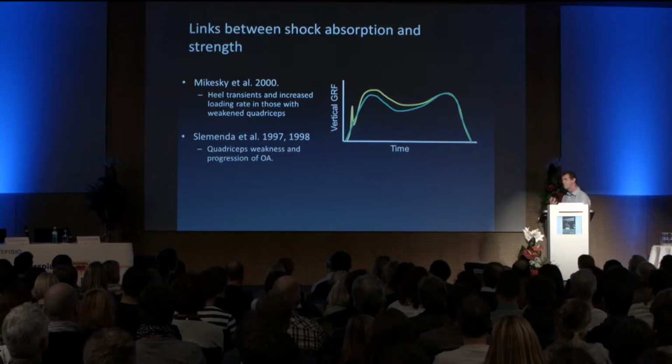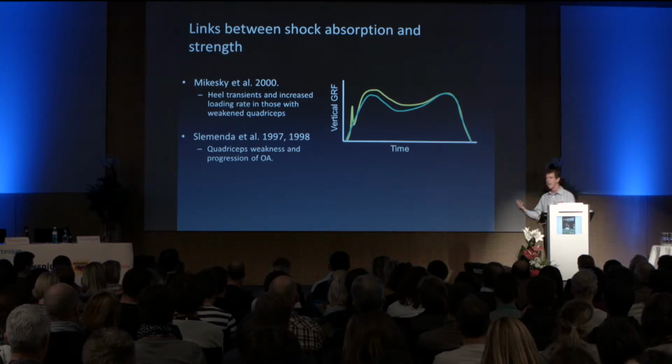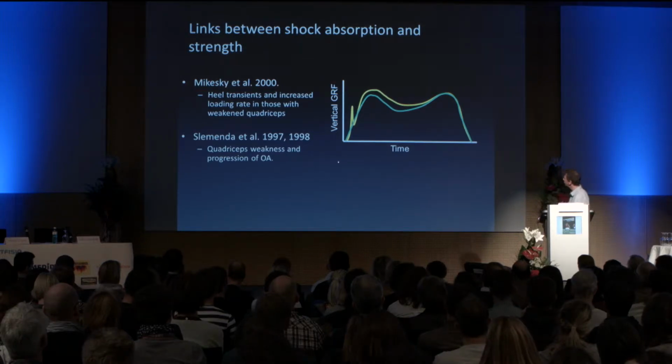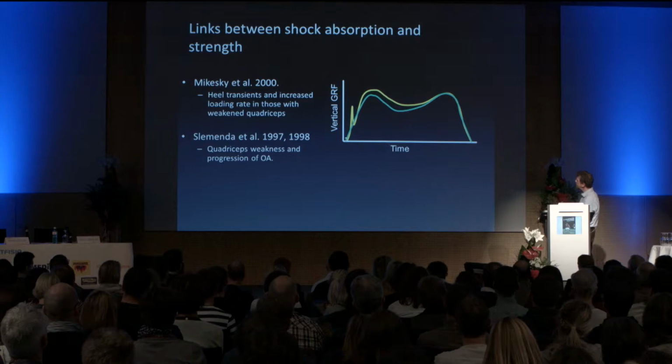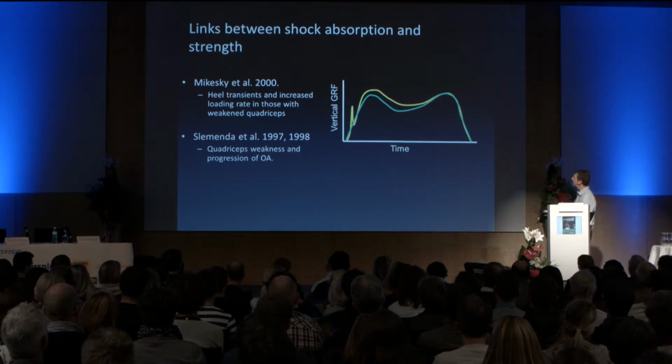We also know from an injury perspective, a more longer-term injury perspective, if you like, that if you have weakness in your muscles, you can change the ground reaction force trace that you generate when you walk. So imagine a person walking over a force plate, and what you're seeing here is two ground reaction force traces. In the first one, which is the greenish color here, you're seeing somebody who doesn't have any problem at all with their quadriceps muscles.